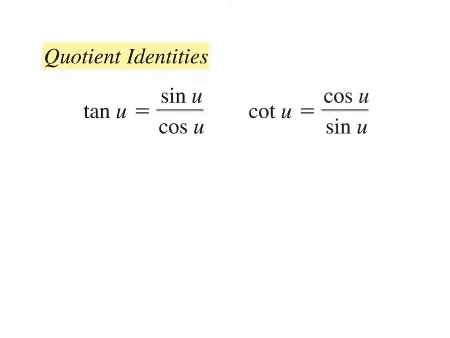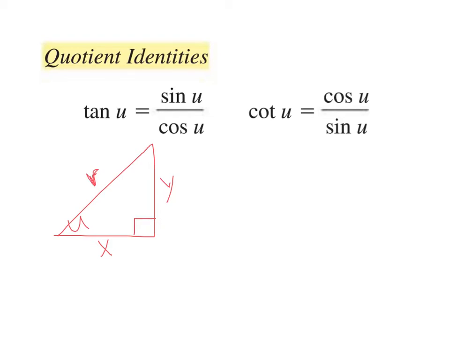Okay, a quotient identity: tangent u equals sine u over cosine u, or cotangent is the reciprocal, cosine u over sine u. This comes from when we look at a right triangle. This is angle u over here. We normally call this distance x, this distance y. And since we come from the unit circle, we're going to call this r, because in a circle that would be the radius.